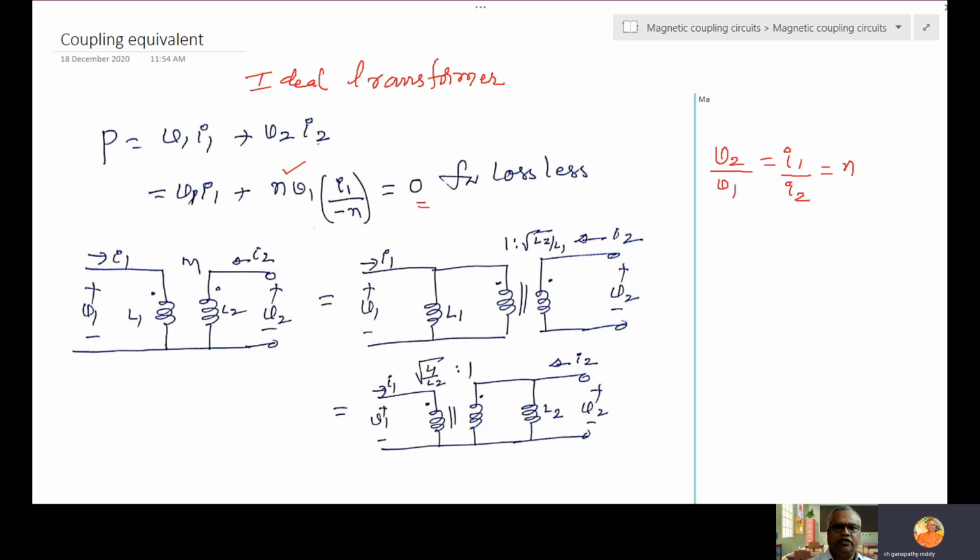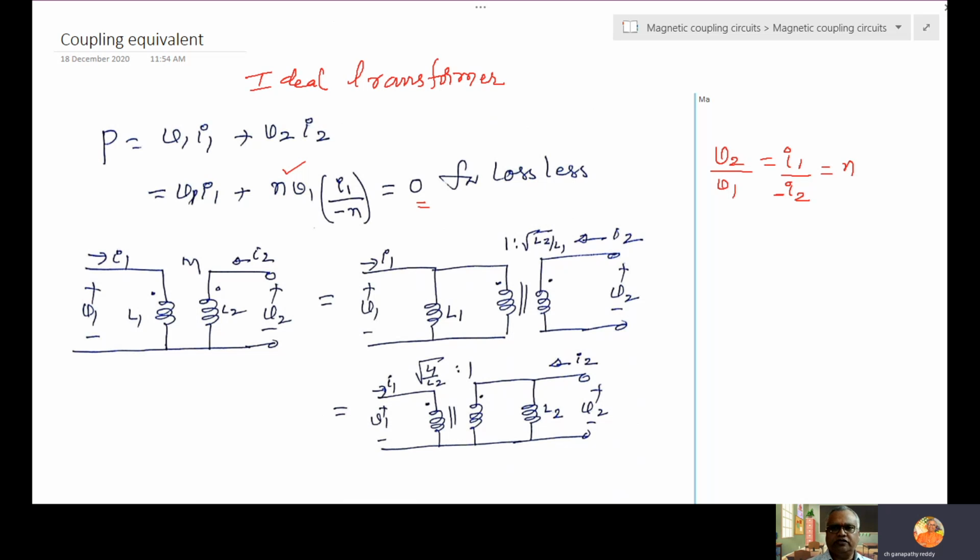But here I2 is not I1 by N. In any transformer, I1 is entering at the primary, I2 is leaving. What is leaving is minus I2 now.